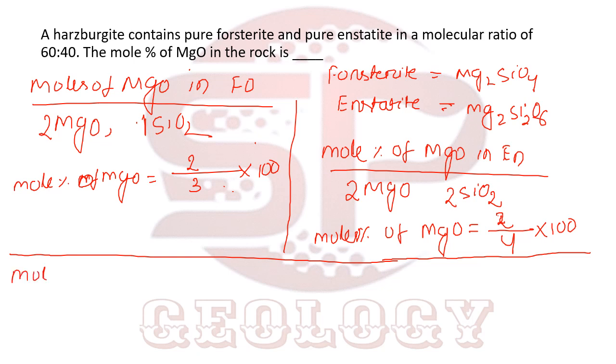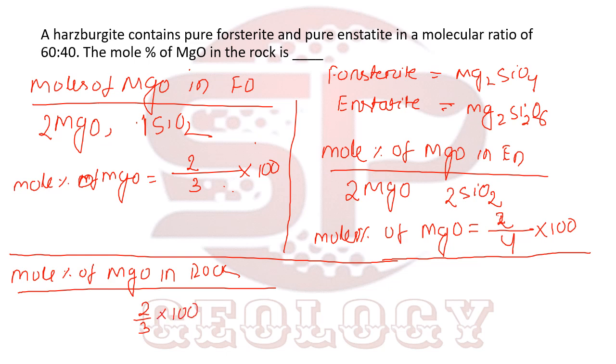So the mole percentage of MgO in the rock will be the mole percent of MgO in forsterite and its proportion, that is 60%, 0.60, plus the mole percentage of MgO in enstatite and its proportion within the rock, that is 0.40.